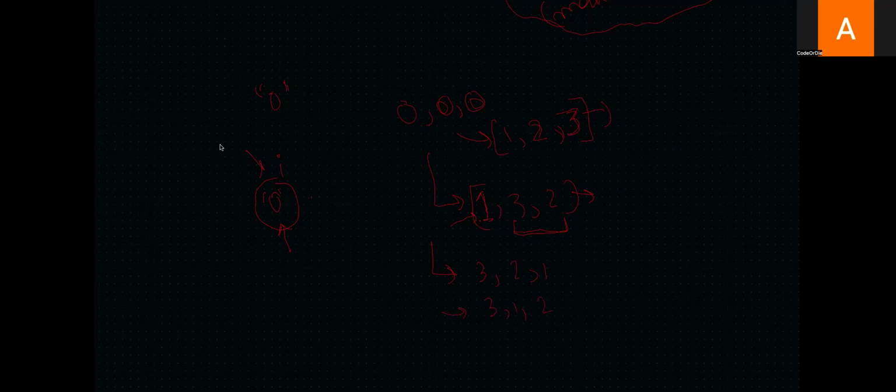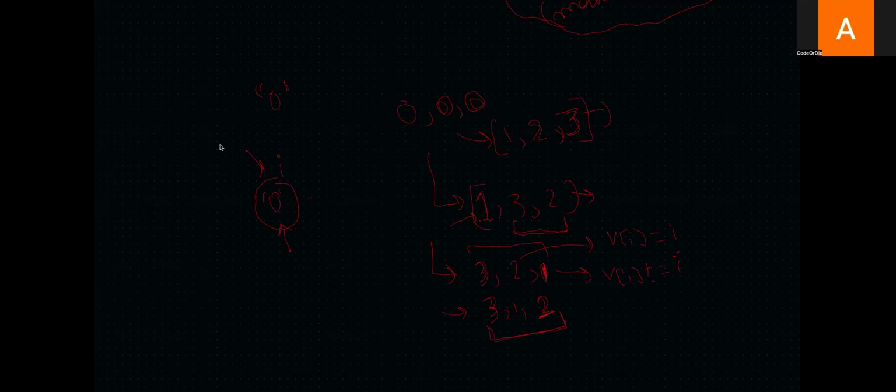Why are these both fine? Because I don't care. Here in this case, Vi is equal to I, but here Vi is not equal to I. So I will have to choose this whole segment anyway, because this is not at its correct place and this is not at its correct place. Similarly, this is not at its correct place and this is not at its correct place. So I will have to choose this. Okay.